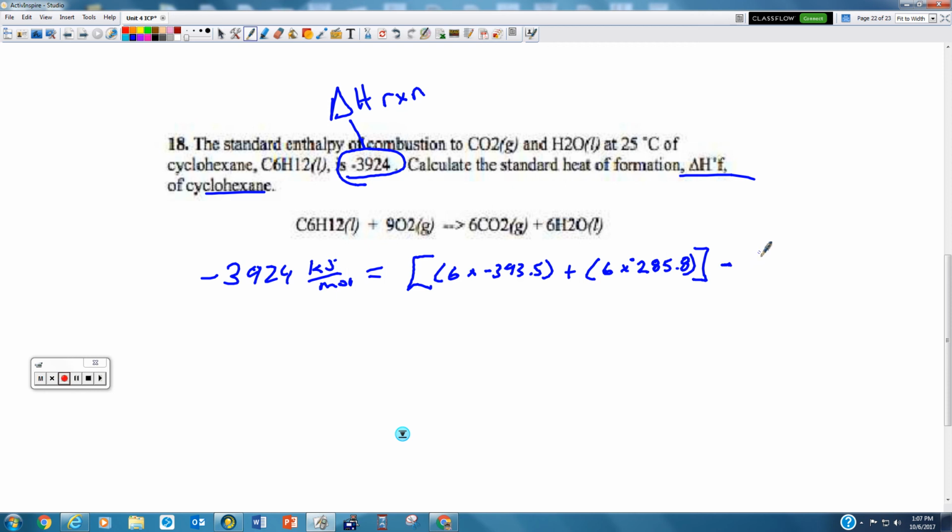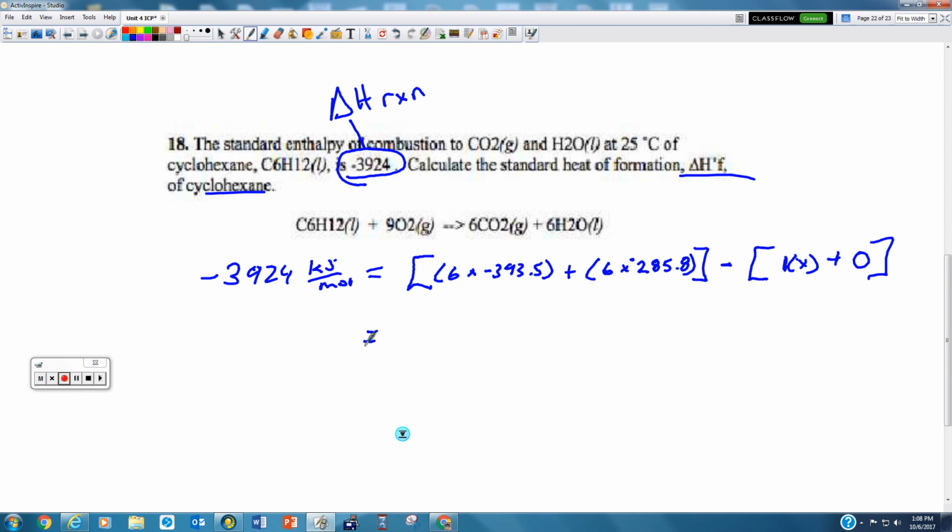Minus the reactants. So we can go ahead and put we have 1x. So I'm setting that up as my cyclohexane plus 0. All right, so y'all see where I get those numbers from. Cyclohexane is our unknown. That's what we're solving for. And 0 is coming from O2 gas, which is 0.